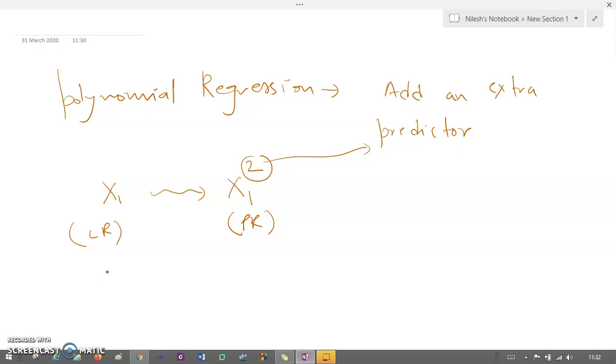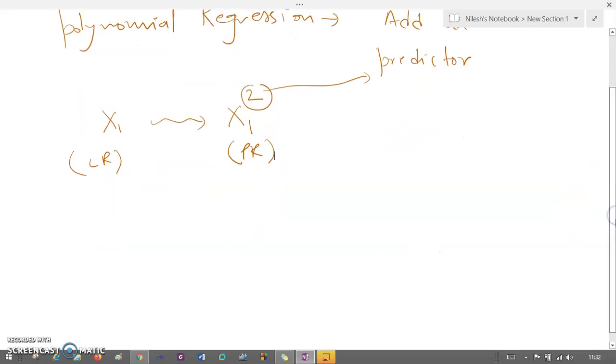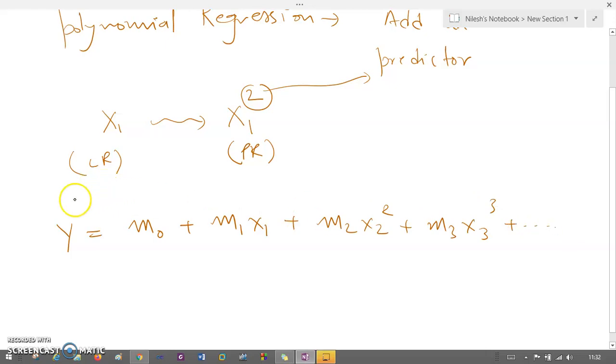So your equation for the response variable, the y variable, let me write it in m terms only. This is m0 plus m1x plus m2x square plus m3x cube plus so on. This is going to be your polynomial regression.